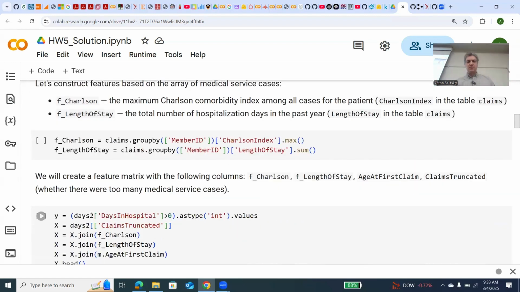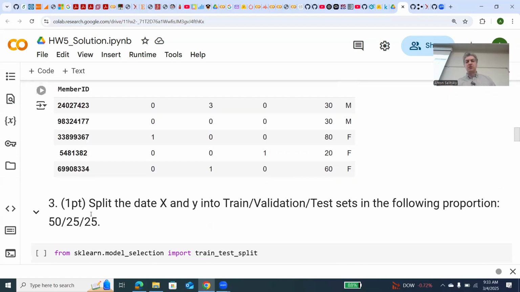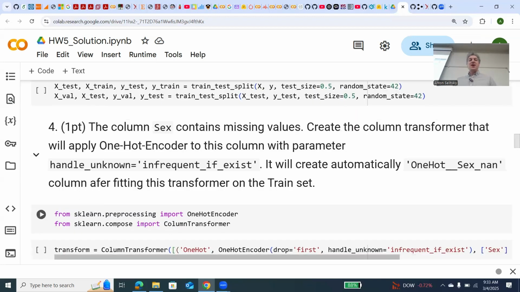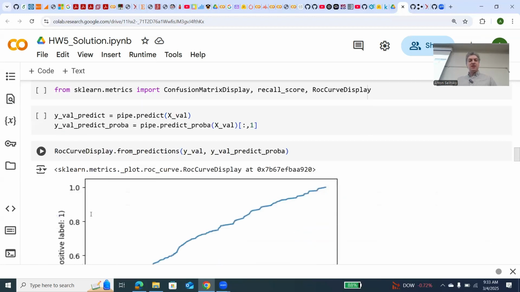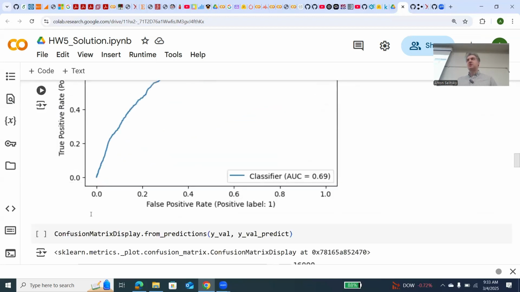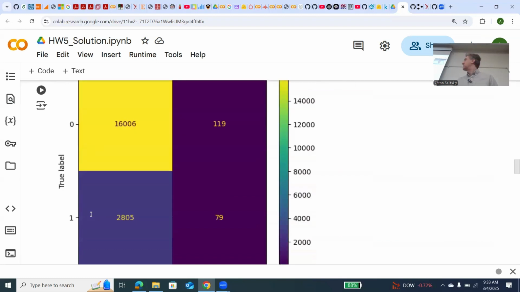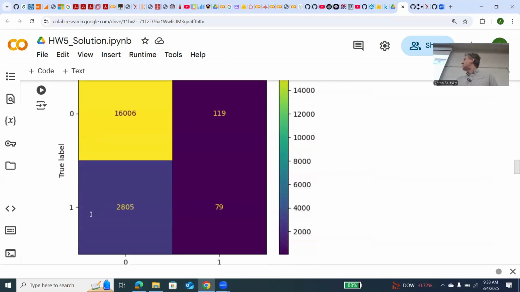Okay, no. The feature importance is the last question. So the first question was just to build a classifier, and the confusion matrix had a lot of false negatives. So the model predicted 0, but the true class was 1.